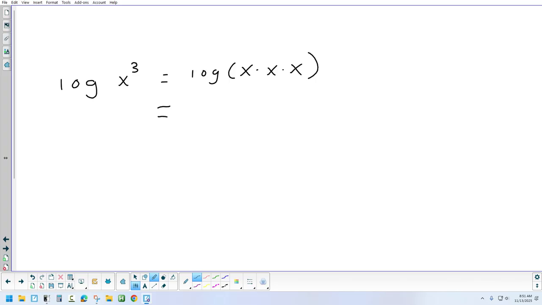When I split it up into addition, how many things do you think I'm going to be adding together? Yeah? 3. Can you tell me what the 3 things would be? Using that first property?